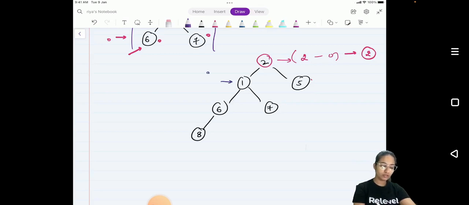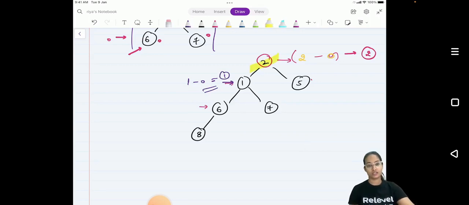For this node also, on this side it is 1, or rather 3 we can consider. The height of the left subtree can be 2 and the height of the entire subtree is this. Similarly for this node, the height of the left subtree is 1 and the height of the right subtree is 0. So this is still justified over here, but you can see that for this node it is not justified.